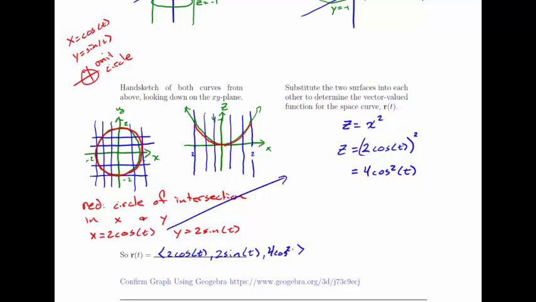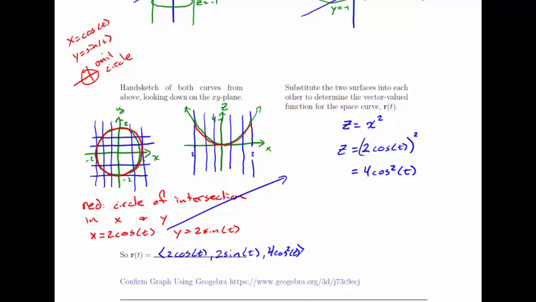And one thing that I really like to point out is anytime we're doing intersections of any two objects, we could do intersections of lines, we could do intersections of surfaces, we could do the intersection of a line and a surface, or a space curve and a surface. We could attempt to intersect a point and a surface, and that's just asking the question, is the point on the surface?